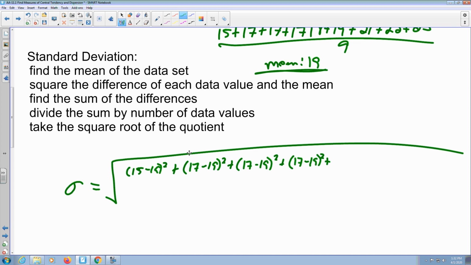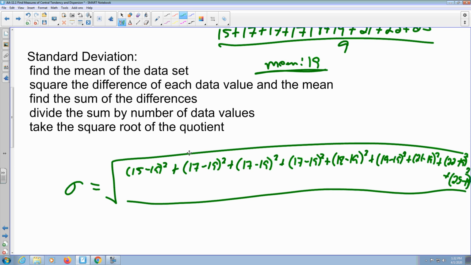Now 18 minus 19 squared plus 19 minus 19 squared plus 21 minus 19 squared plus 22 minus 19 squared plus 25 minus 19 squared. All of that gets divided by 9, and I'll extend this a little more because it's the square root of everything.